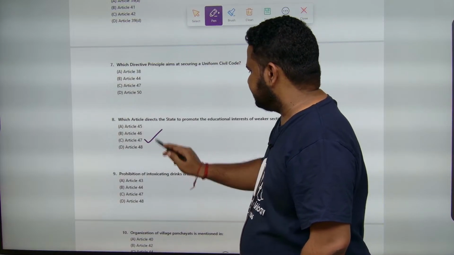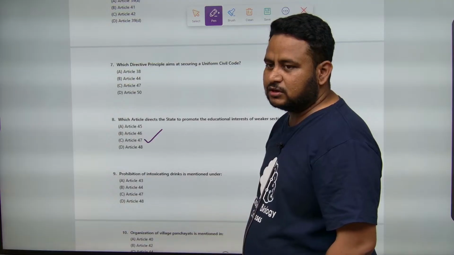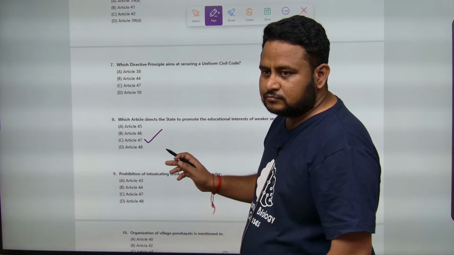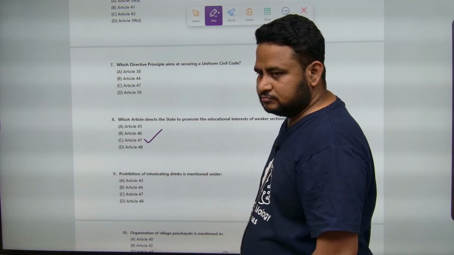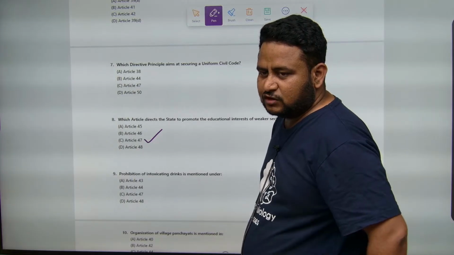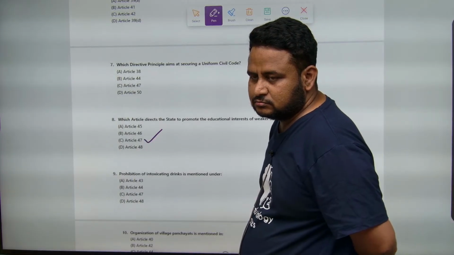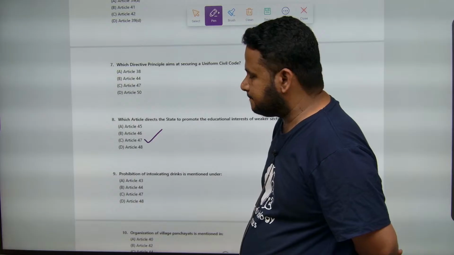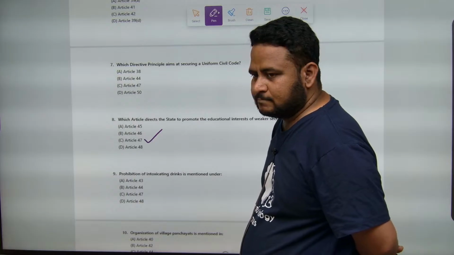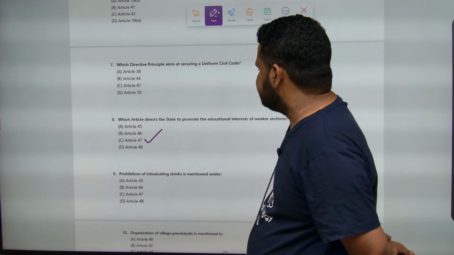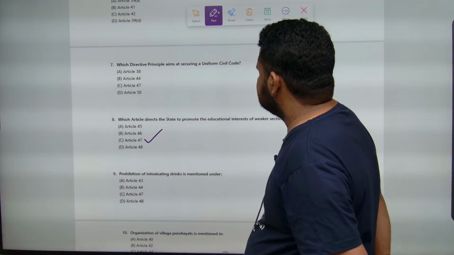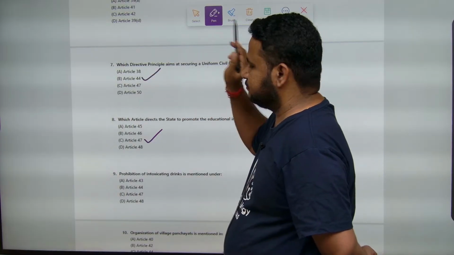See, 47. 46 is talking about which article? See, Article 44 is Uniform Civil Code.